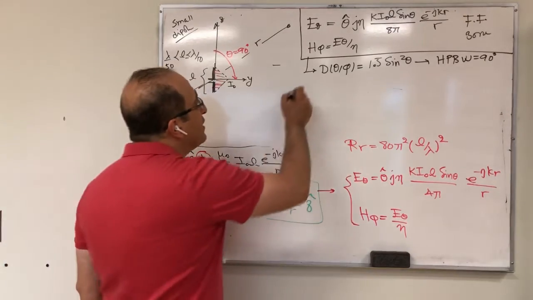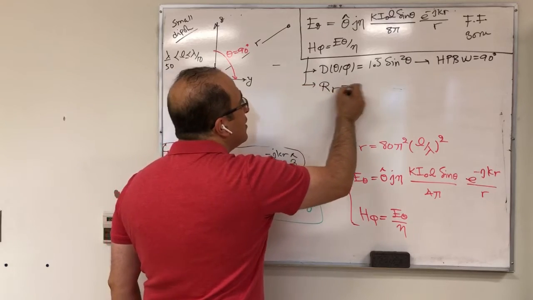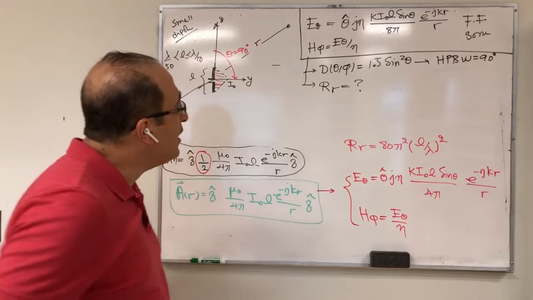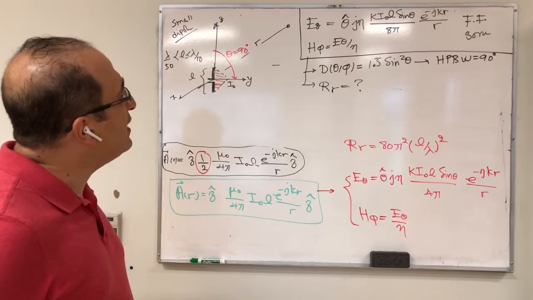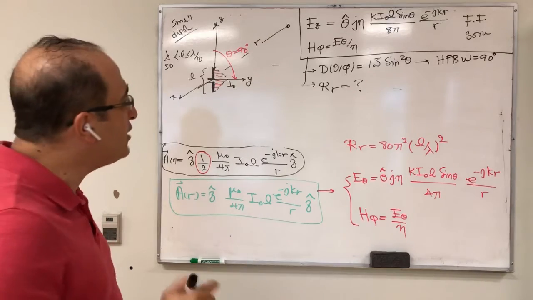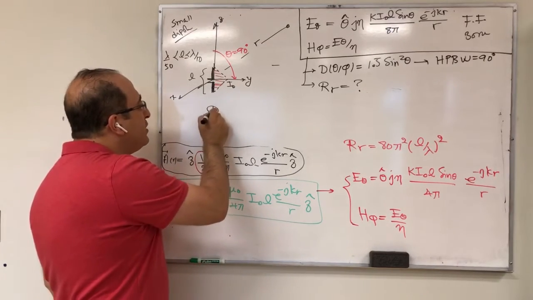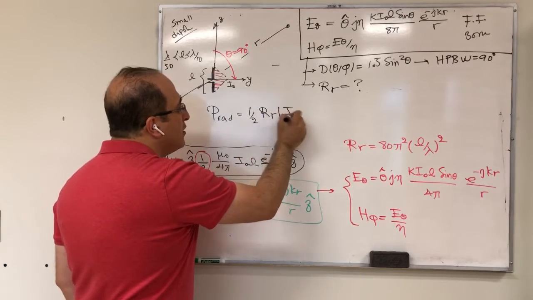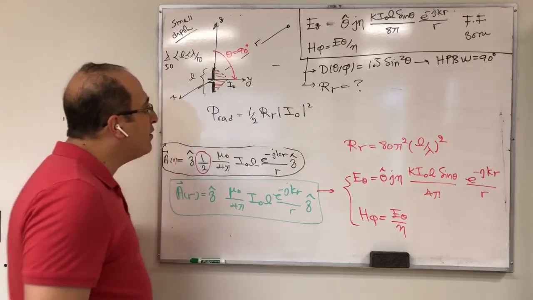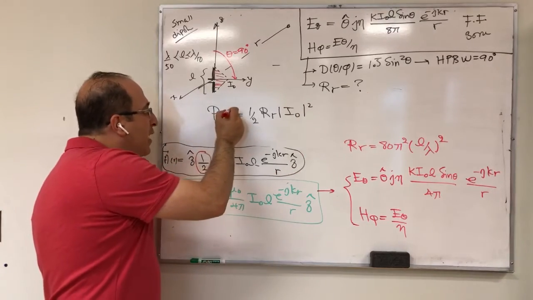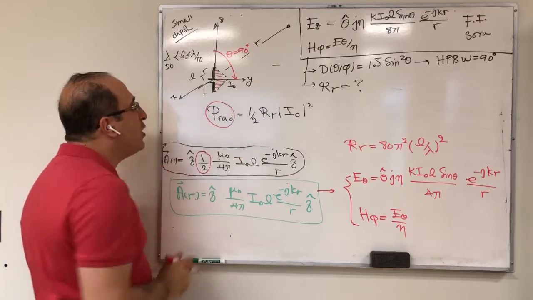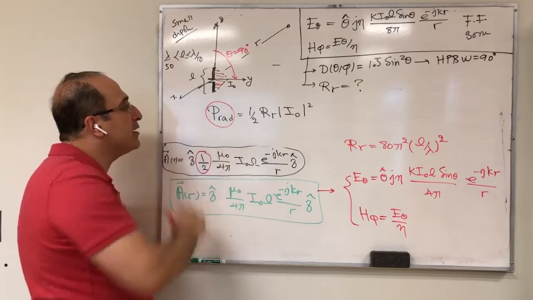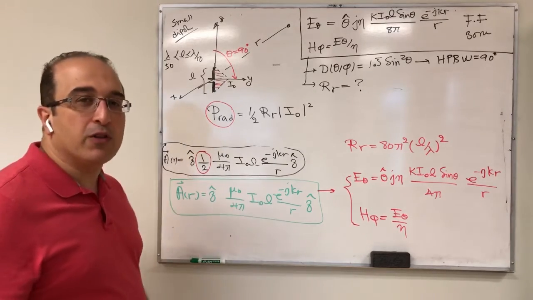Let's start with the equation: P rad is equal to half R_r I naught squared. Here P rad should be P rad of a small dipole antenna.